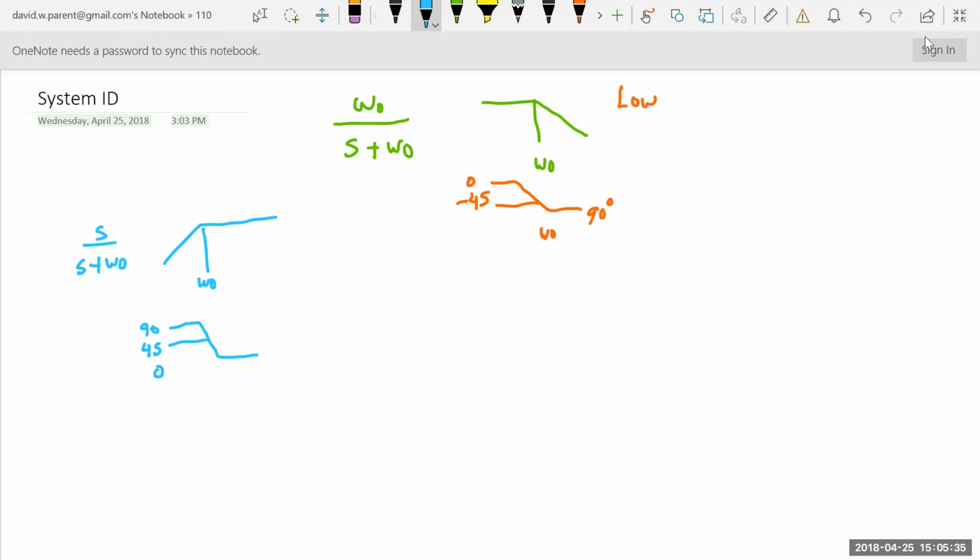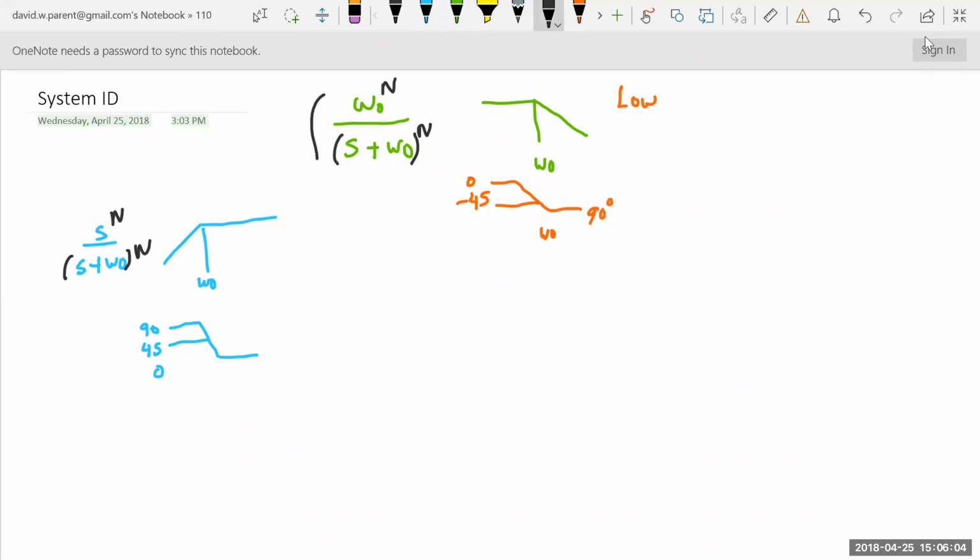Now, we've also done where we have repeated real roots, where we've raised this. Okay. And we've raised that. All right.